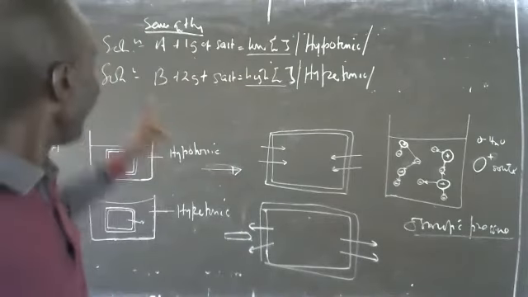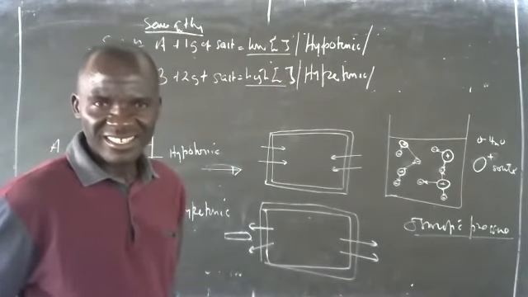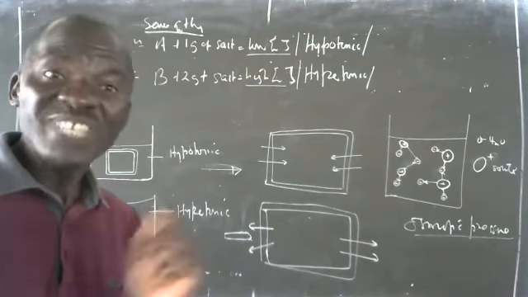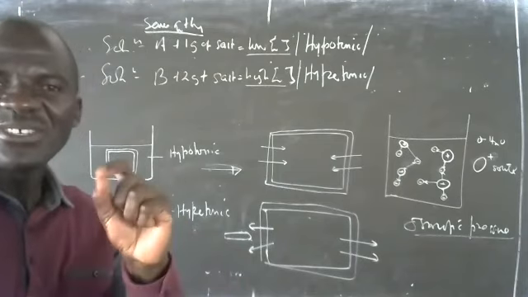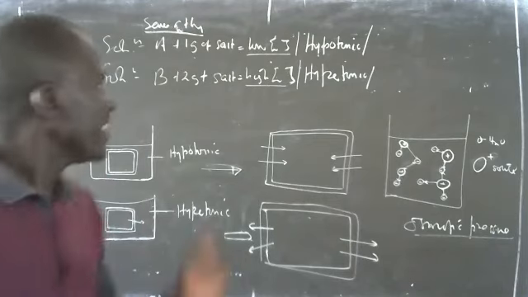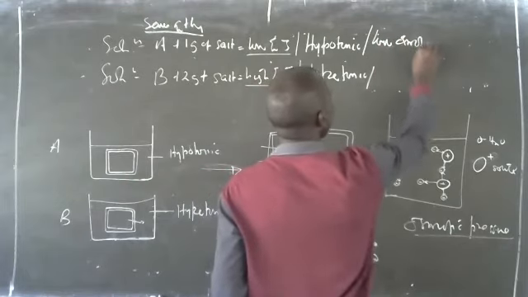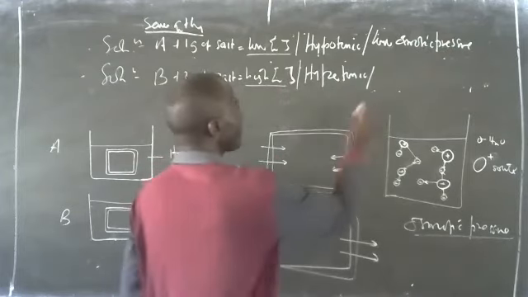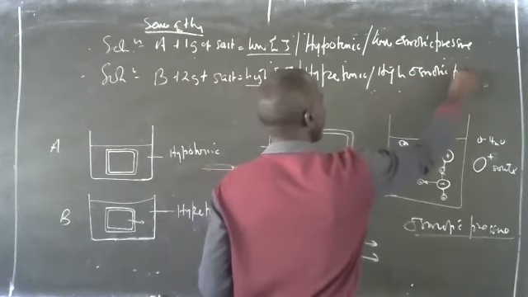So that means that this solution is hypotonic. It has a lower osmotic pressure. Why? It has little solute dissolved. So it will be having a low osmotic pressure. And this one will have a higher osmotic pressure.